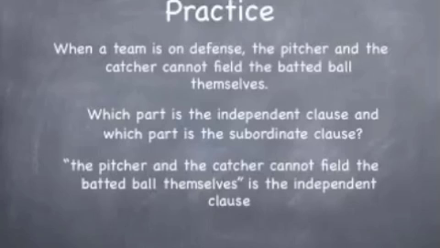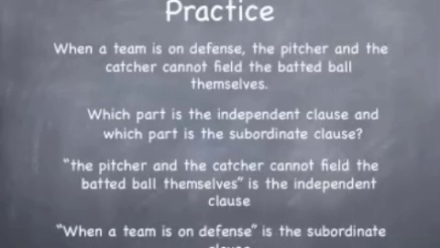Again, we have a compound subject in the pitcher and the catcher, and we have a verb in cannot field. So we have an independent clause there. We have a subject, we have a verb, we have a complete thought. When a team is on defense, again, there's a subject and a verb in there, but there's no complete thought. So that's the subordinate clause. And unlike the previous example, notice in this example that the subordinate clause comes before the independent clause. In the last example, it came after it.